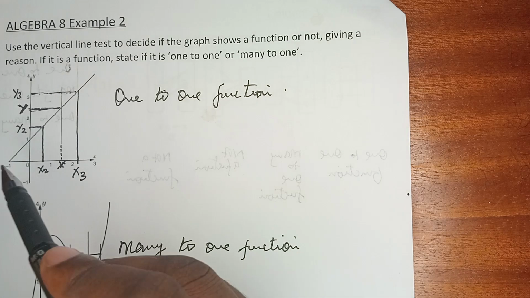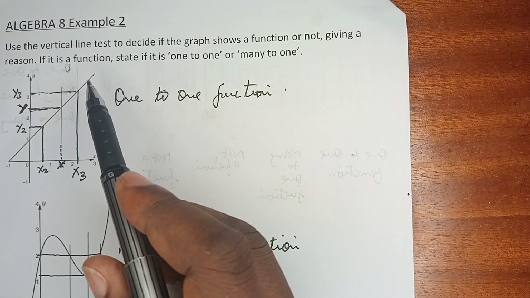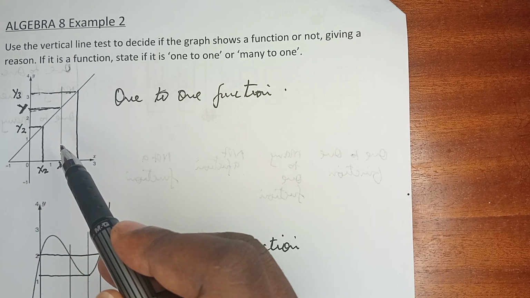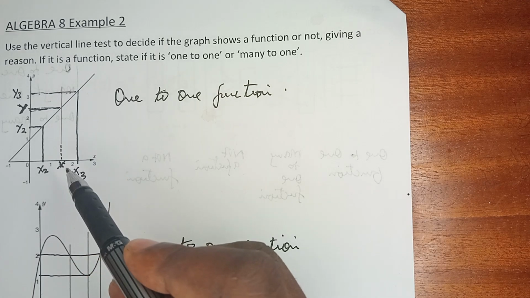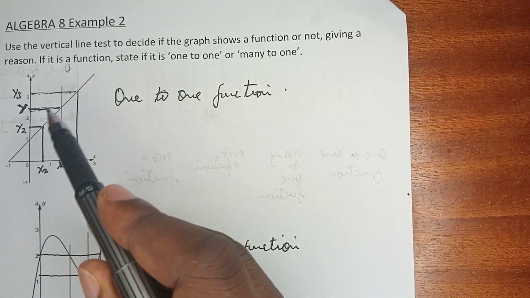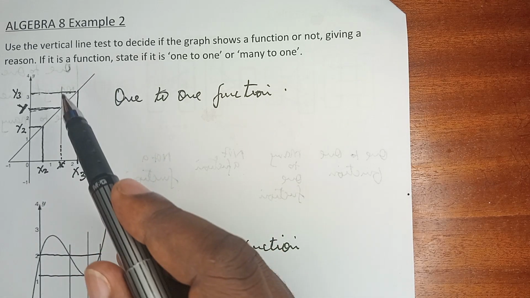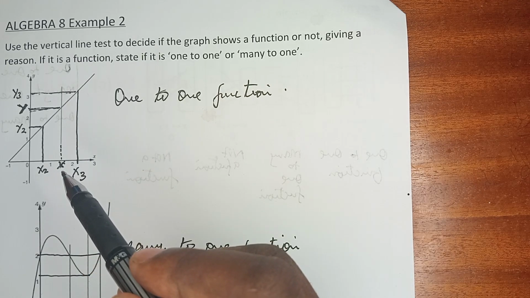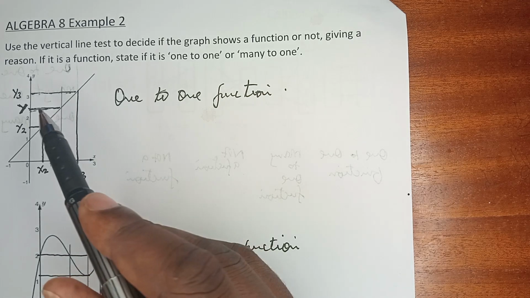In the first graph, we have a straight line graph and a vertical line whose value of x we can just call x. When x is just x, we have a specific value of y.